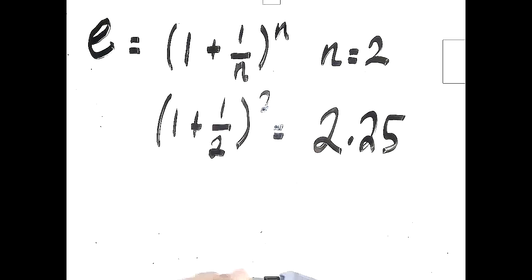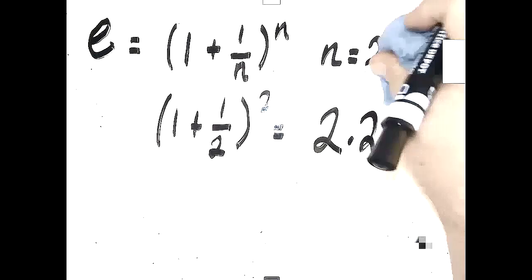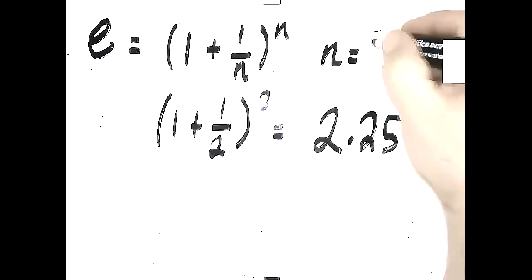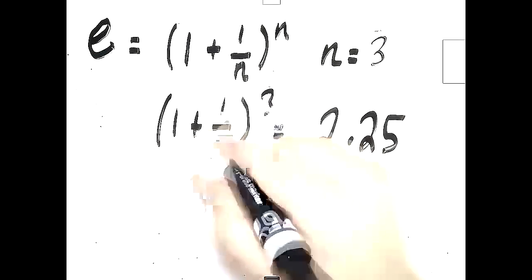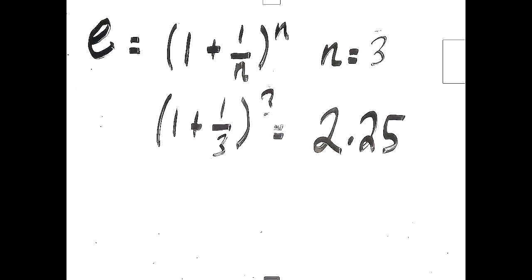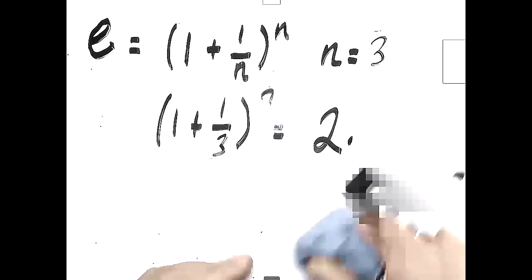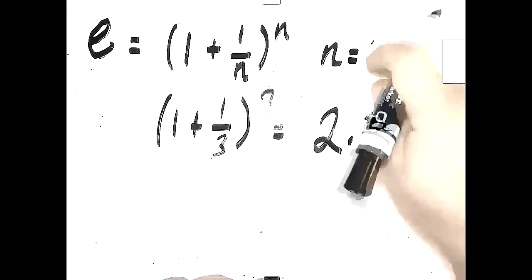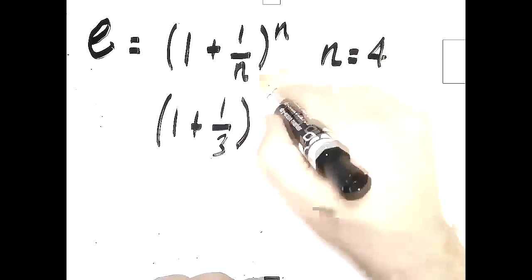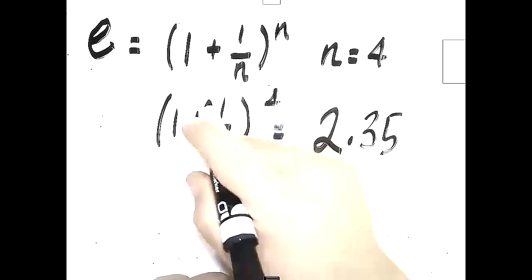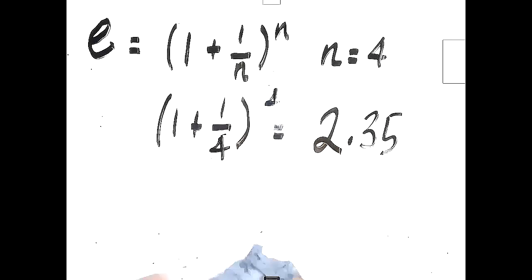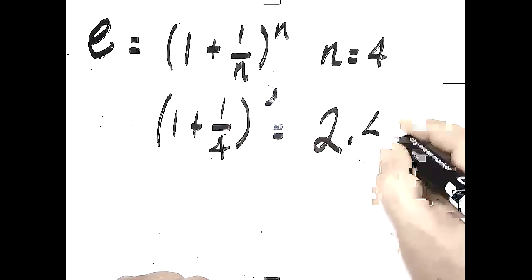Now we just keep going and see what happens. Let's do n equals 3: 1 plus 1/3 to the third power. That's going to be 2.35. How about if n is 4? That's going to be 1 plus 1/4 to the fourth power. We do the math, 2.44.